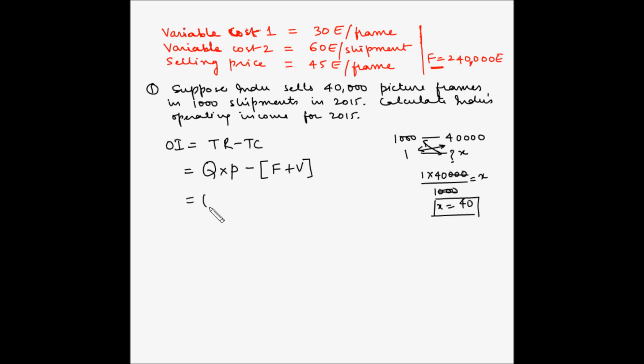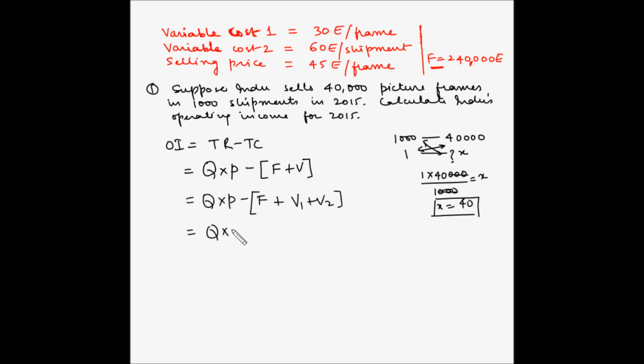So this is equal to Q multiplied by P minus F plus, now variable cost in our case are 2, that is variable cost 1, which is the cost of buying each frame, and variable cost 2, which is the cost of processing each shipment. So this is V1 plus V2.